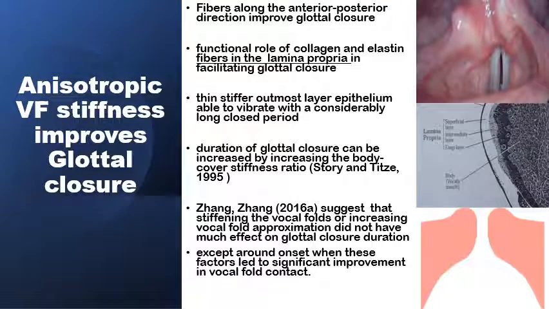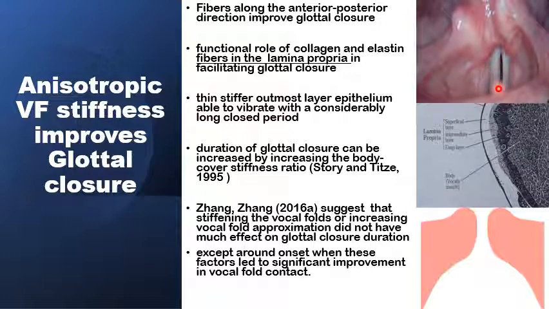And finally, the other way the vocal fold stiffness can modulate and adjust the voice produced by the vocal fold is through the effect of the anisotropic stiffness on the glottal closure. The anisotropic stiffness of the vocal fold optimizes the way the vocal folds close during phonation.